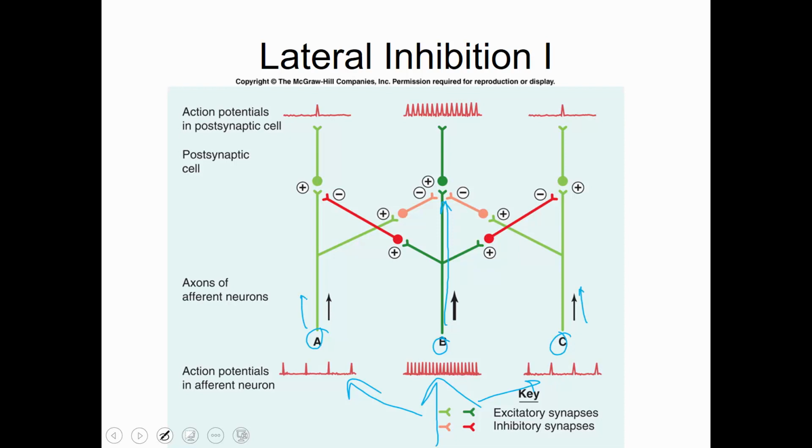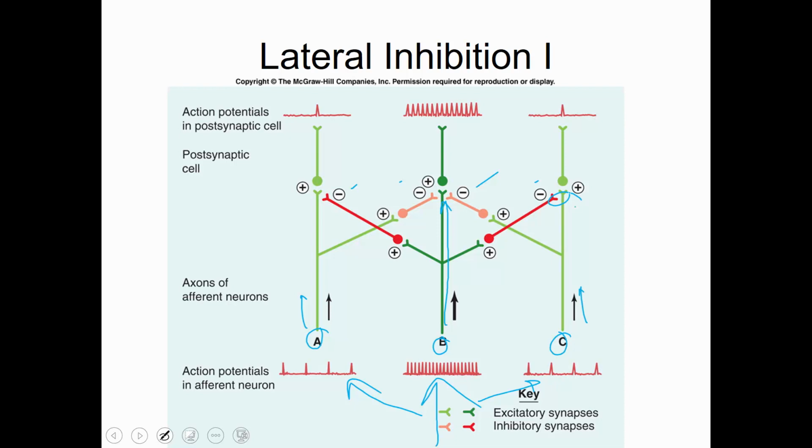These neurons have collaterals that synapse on inhibitory interneurons. So as the stimulation comes through the neuron, these all stimulate collaterals which synapse on the axon. So this is an axo-axonal synapse.